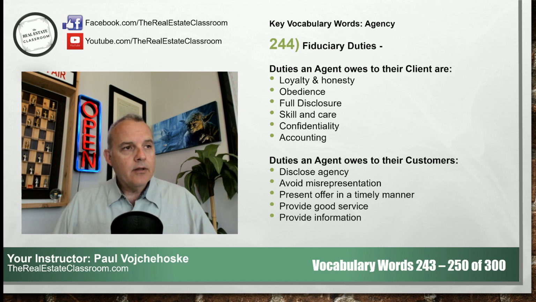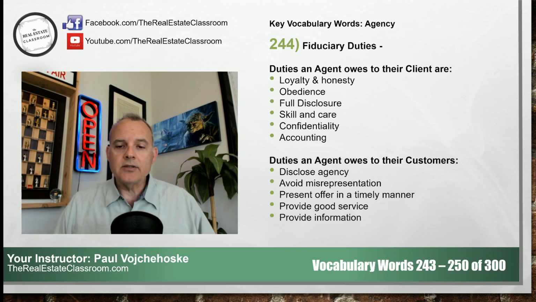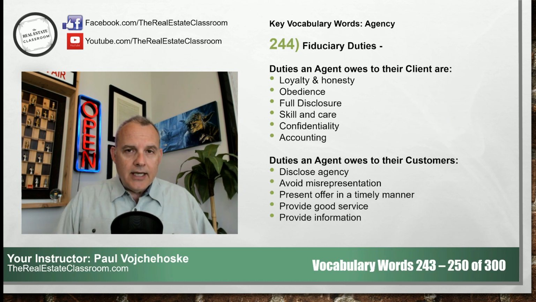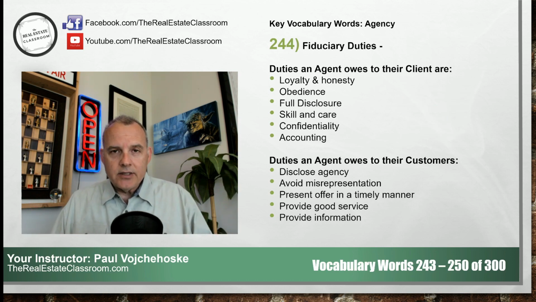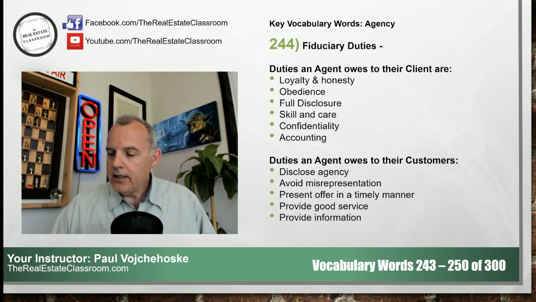For example, the buyer may ask, do you know any good loan officers, or do you know a home inspector, etc. They must provide information about the house in and of itself. Remember the difference. The client is represented, the customer is not. They can still work with the customer, they just don't owe them those fiduciary duties like they do their clients. Sorry, I'm beating a dead horse here, but I just really want to make sure that you grasp this, because agency can be very confusing to a lot of people.